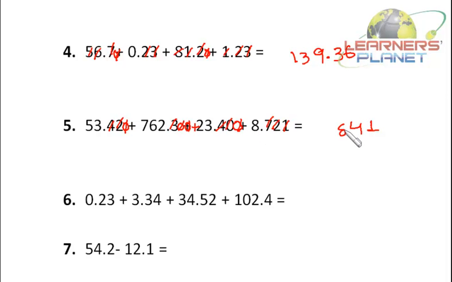I write 8 and 1 will be carried. I put a decimal. 1 plus 3, 4 plus 2, 6 plus 3, 9 plus 8, 17. I write 7 over here and 1 will be carried. 1 plus 5, 6 plus 6, 12 and 2, 14. I write 4 over here and 1 will be carried. 1 plus 7, 8. So the final answer is 847.841.